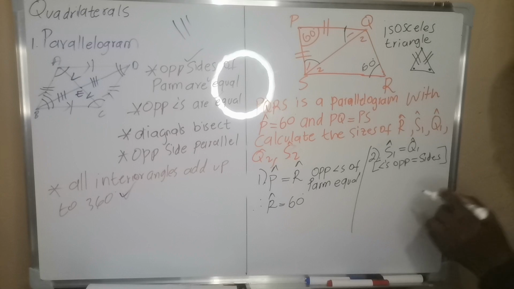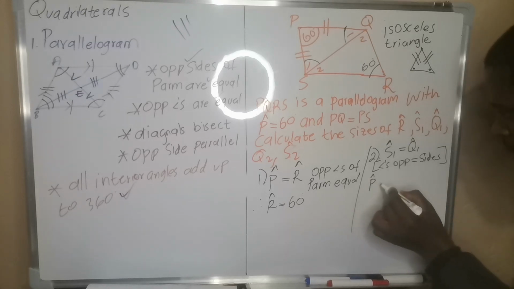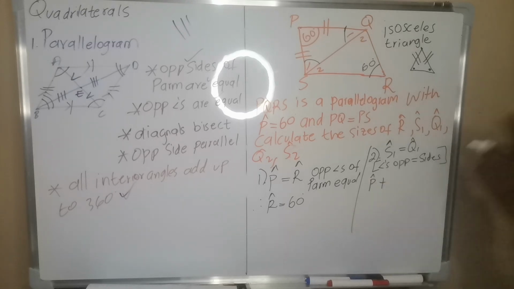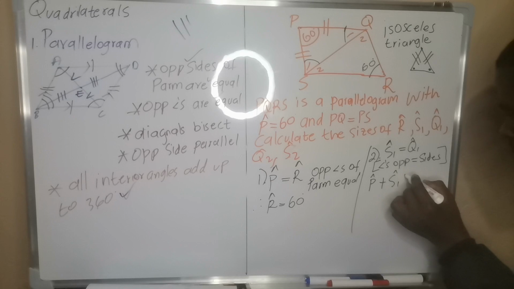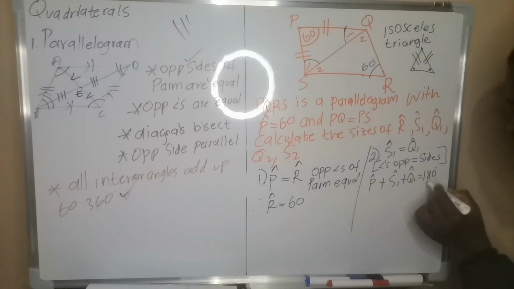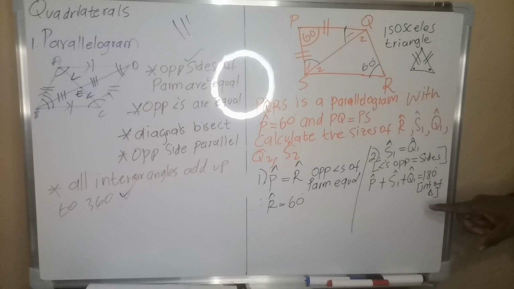Now, if this is the case, I need to find S1. My aim is to find S1. Therefore, I'm going to say S1 plus Q1 is equal to 180 degrees. Why? Interior angles of a triangle add up to 180 degrees.